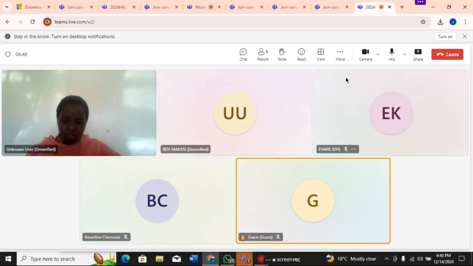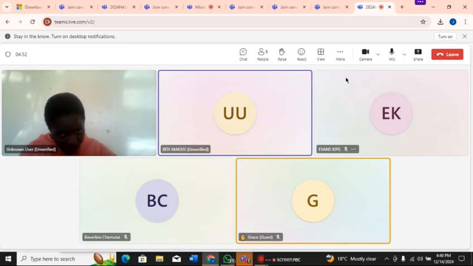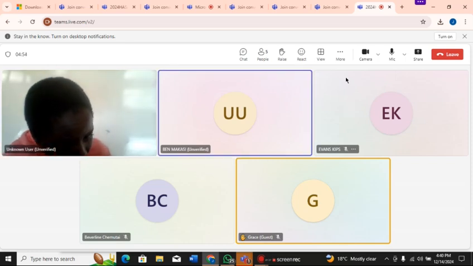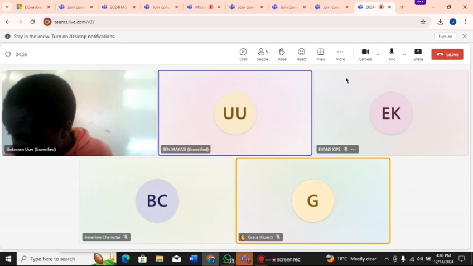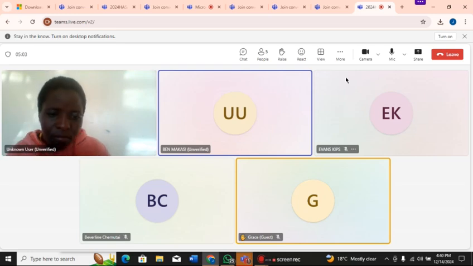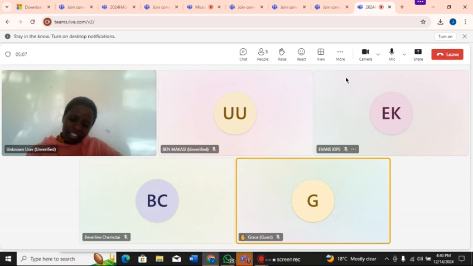Yes, you're allowed. I think matter is anything that occupies space and has weight. Very good, Benson. Matter is anything that has mass and takes up space.